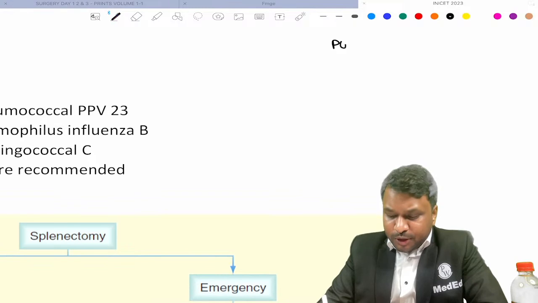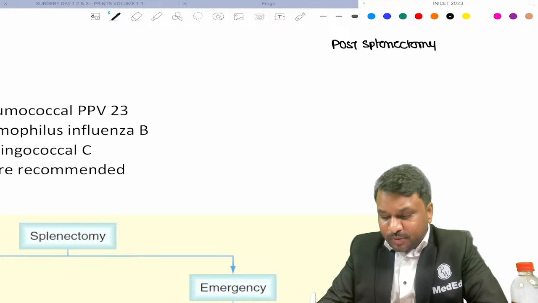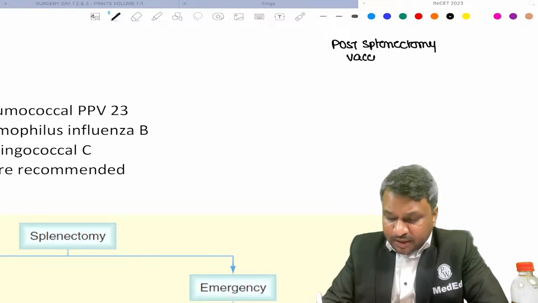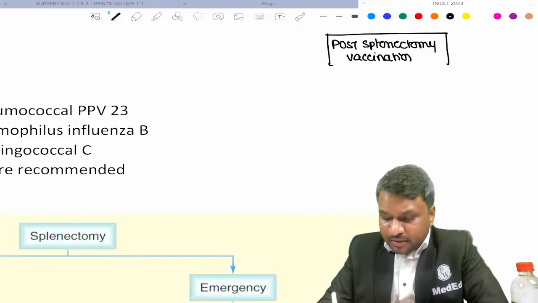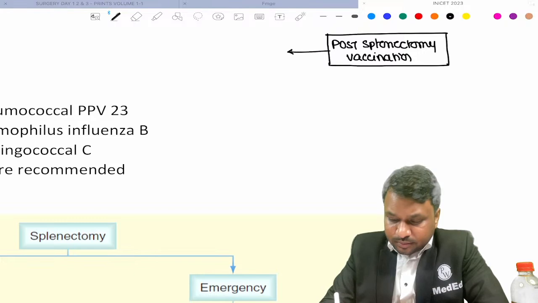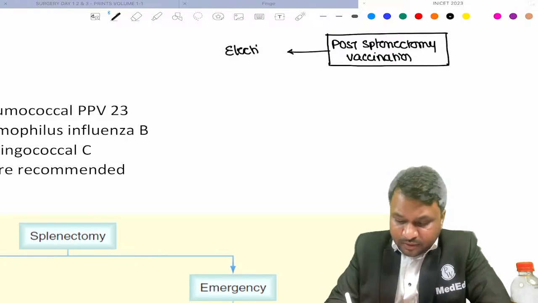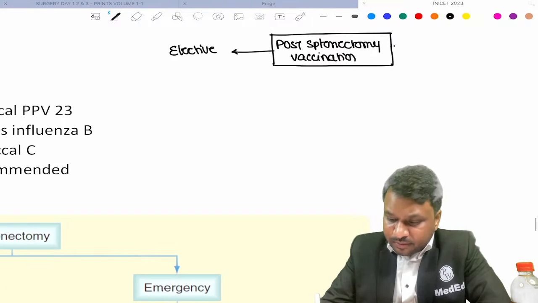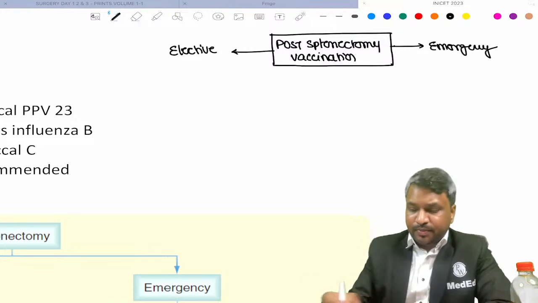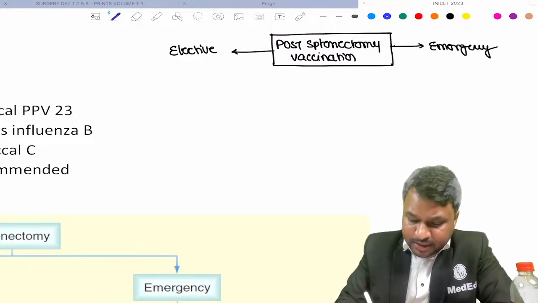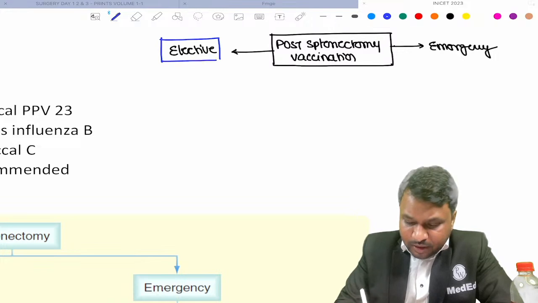Now, when we talk about post splenectomy vaccination, we have elective and emergency. We have the elective status and we have the emergency status. When you talk about the elective status, it should be given 2 weeks prior to surgery.